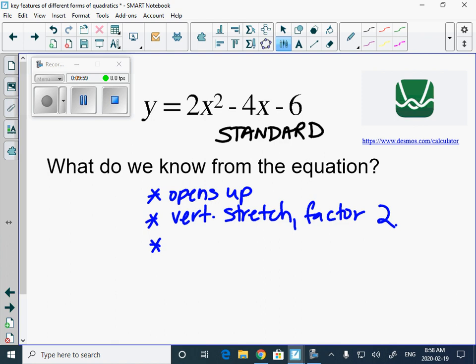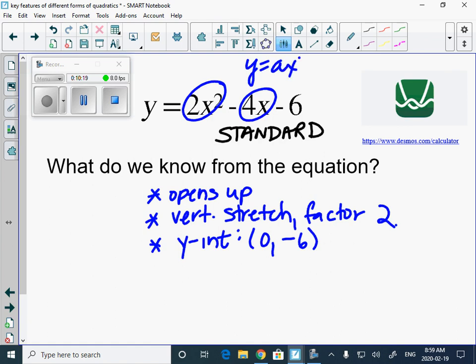And we can see that the y-intercept is (0, -6). This is a quick substitution. If you put zeros in for x, this disappears, and we're left with -6. So that c value, when we wrote it out in standard form, y equals ax squared plus bx plus c, the c value is always the y-intercept.